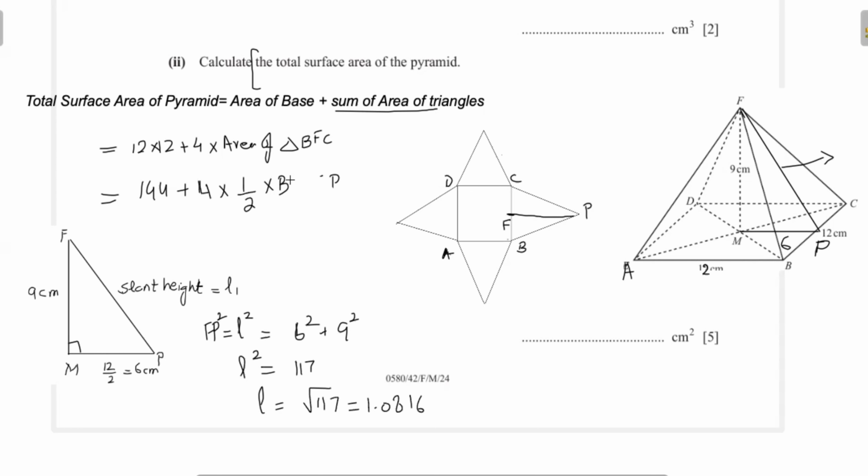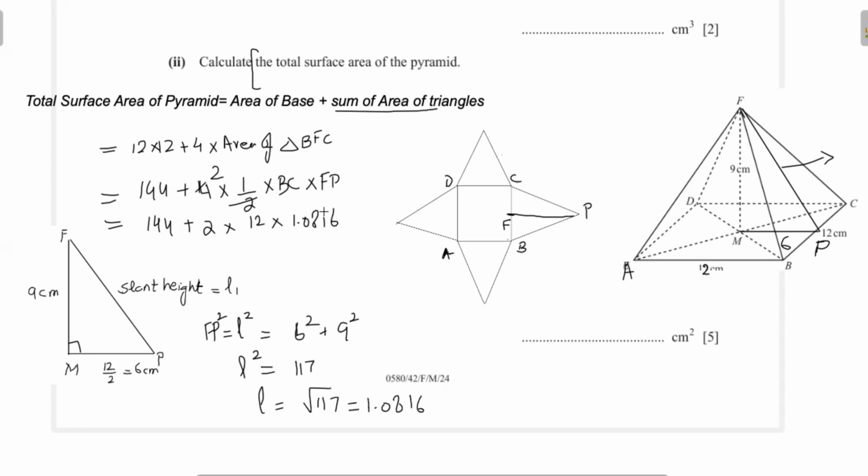We can write BC into FP, which is equal to 144 plus 2 times BC, whose length is 12 centimeter, multiplied by FP, which is 10.816.